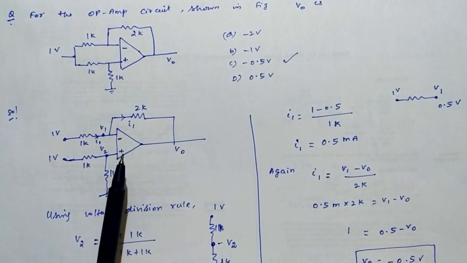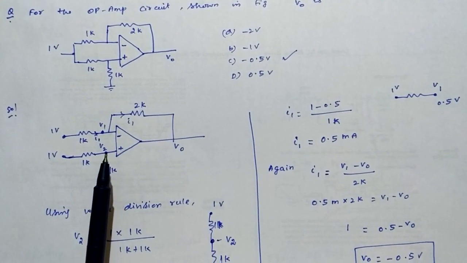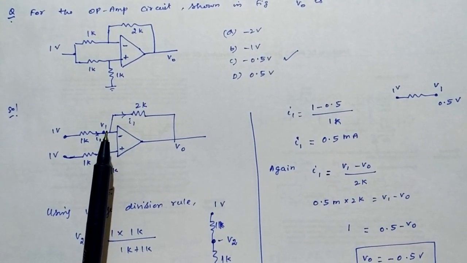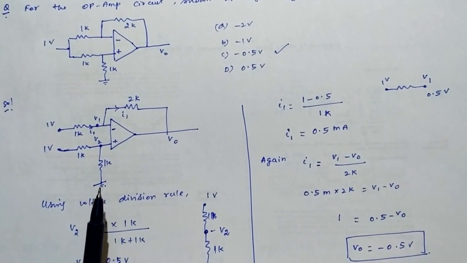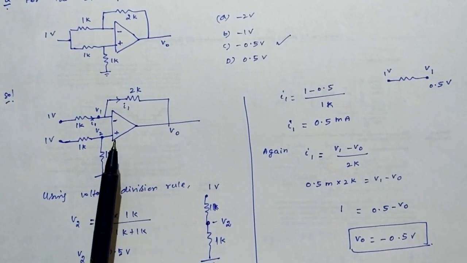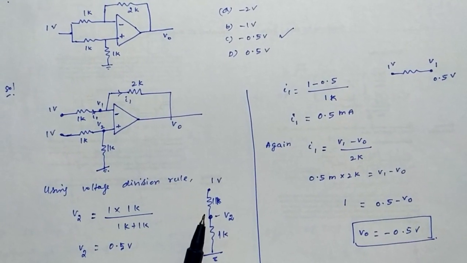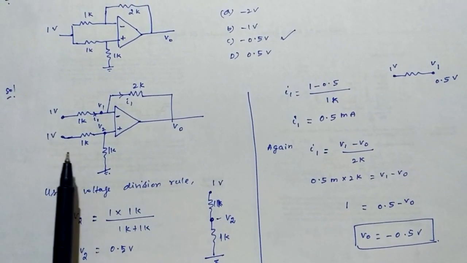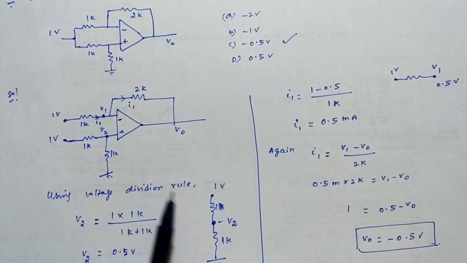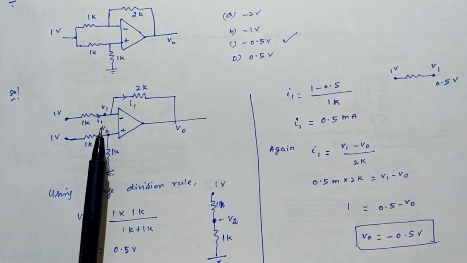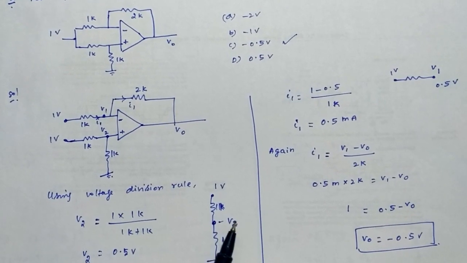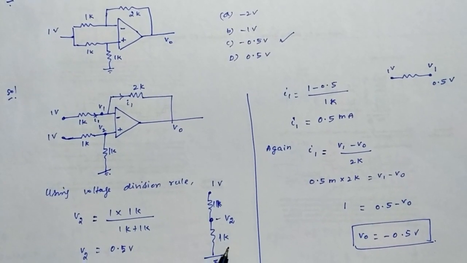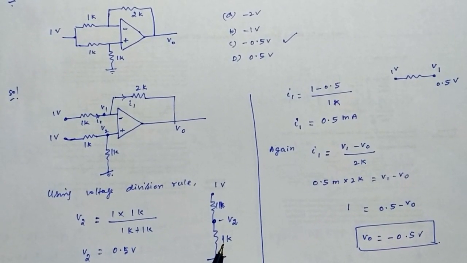Let us take the non-inverting terminal voltage as V2 and the inverting terminal voltage as V1. Here at the non-inverting terminal we draw the circuit like this: 1 volt supply voltage, 1 kilo ohm, and V2 is the potential at the non-inverting terminal, and 1 kilo ohm.